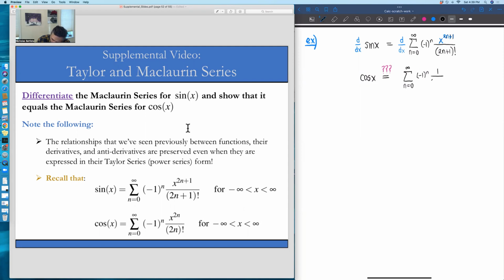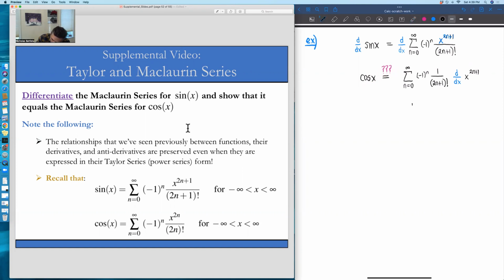And it doesn't touch that factorial, the 1 over 2n plus 1 factorial, because there are no x's attached to it. So the derivative only wants to act on that x to the 2n plus 1 term. And again, we're hoping to show that what's coming out of this right-hand side after we take the derivative is equal to the Maclaurin series for cosine. So that's why these question marks are there.